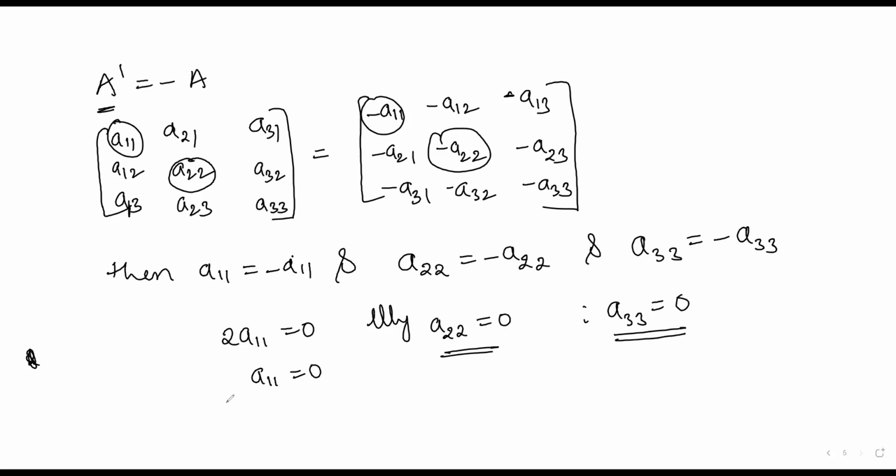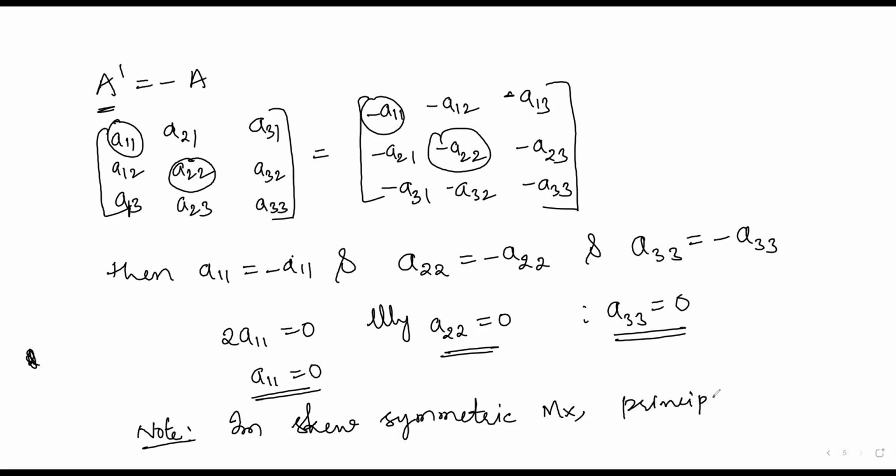So essentially, what is the most important note? In a skew symmetric matrix, what can you say? The principal diagonal elements are 0. Very good.